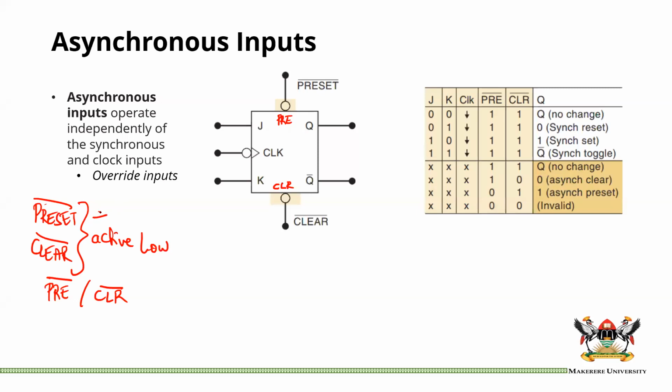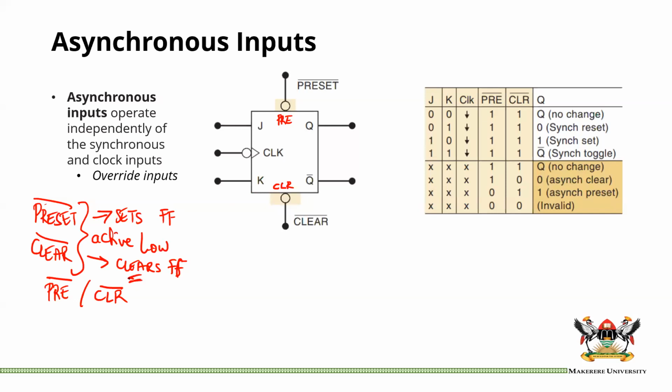Now the preset sets the flip-flop and the clear clears the flip-flop. So if you want to make sure that your flip-flop is in the one state, you can just preset it. It's like before any operation, first preset or first clear. If I'm going to do some data transfer but I want to make sure that my flip-flop is initially 0, I just clear it.